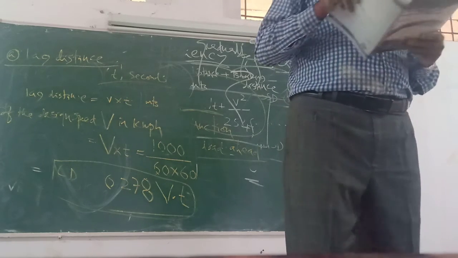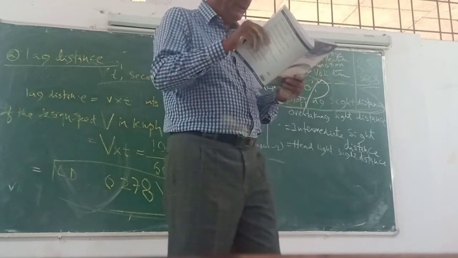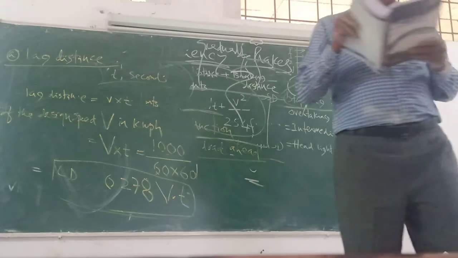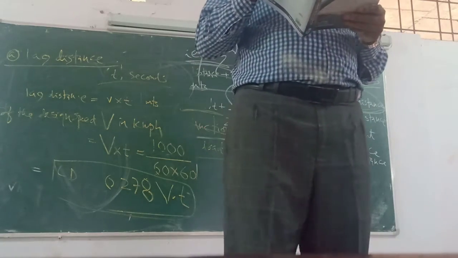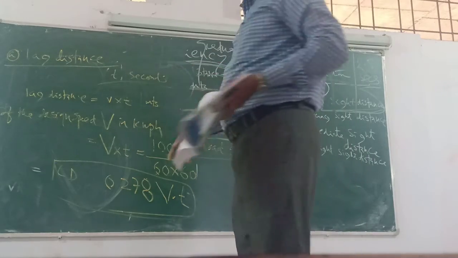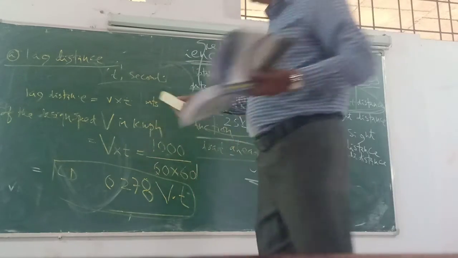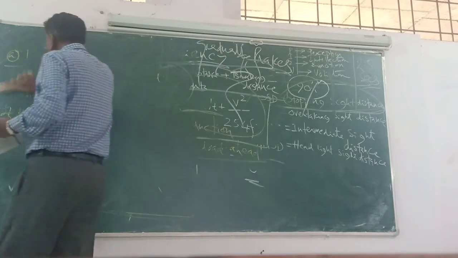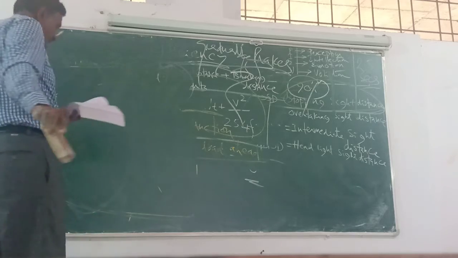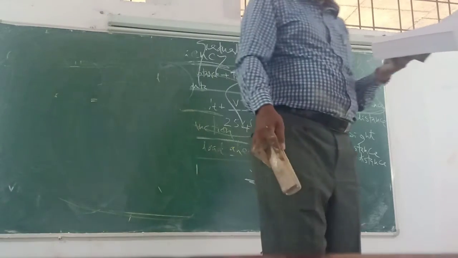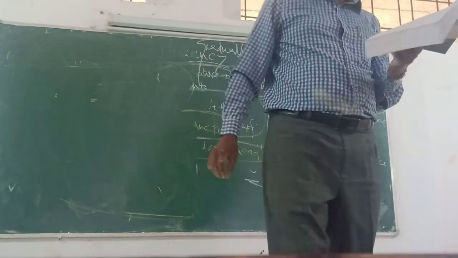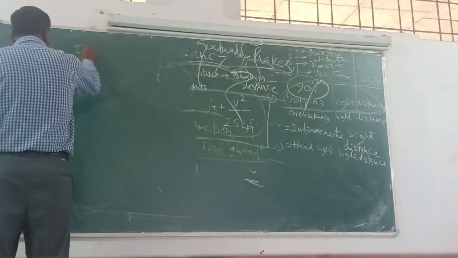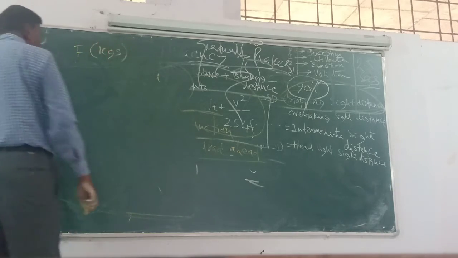Now, analysis of braking distance. Next para, write in the para. If the maximum frictional force developed is capital F in kg, and the braking distance is small l, L in meters.